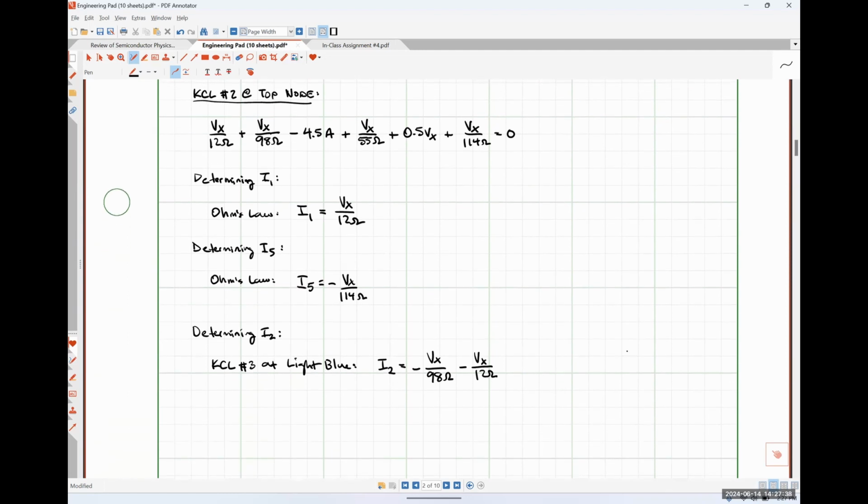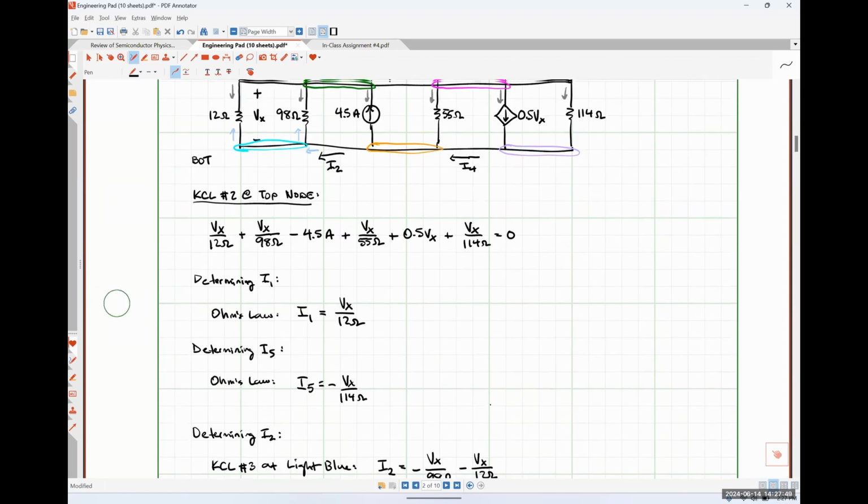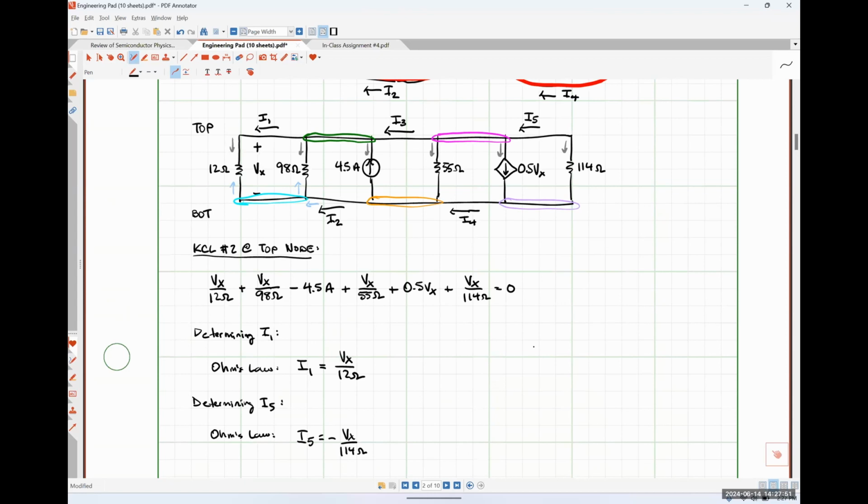We can do something incredibly similar for I4. So what we're going to do is apply Kirchhoff's current law at the light purple node. So we could say that the current flowing out, which is I4, is equal to the currents that are flowing in.